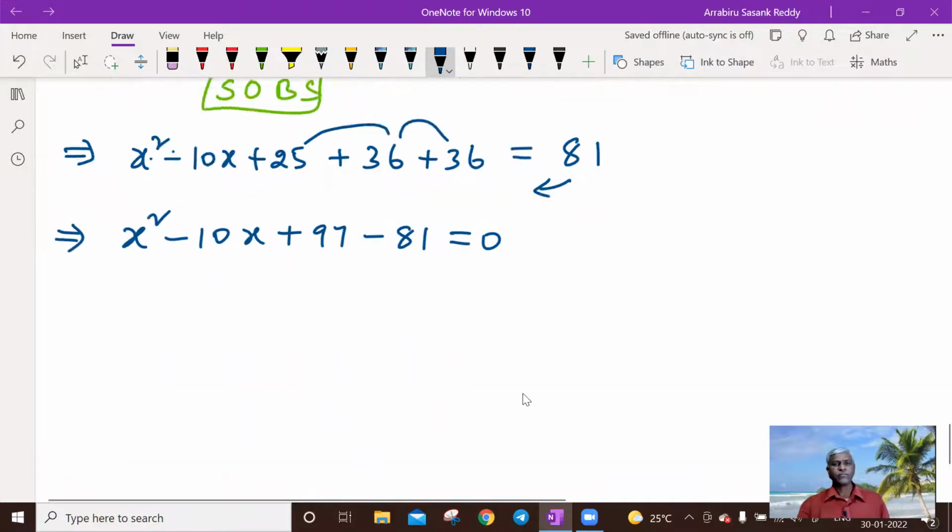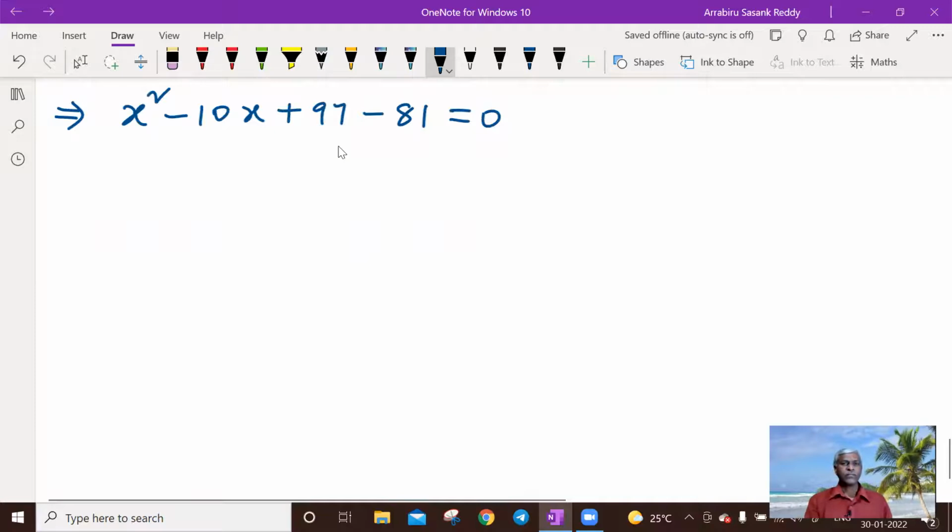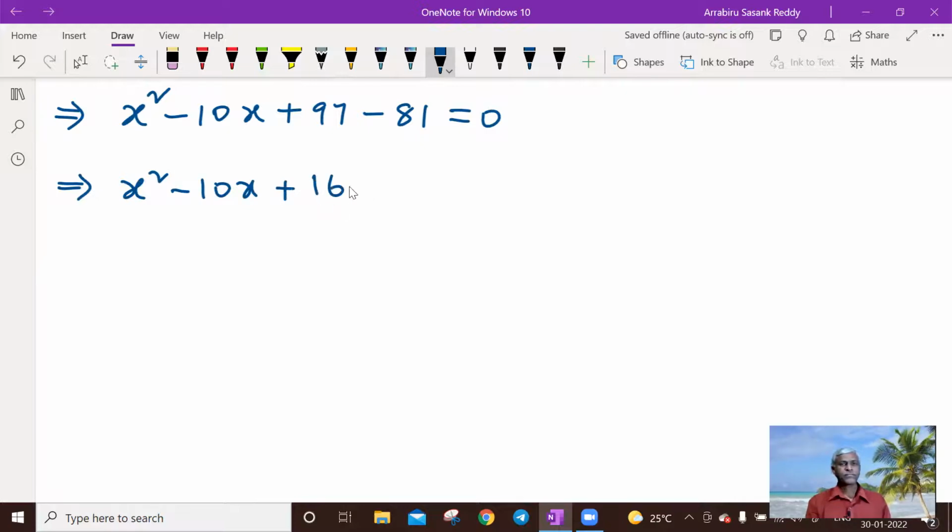Further, subtracting 81 from 97, x square minus 10x plus 16. This is a quadratic equation, Varga Samikaranam. Factorizing this, you will get the x value by solving.